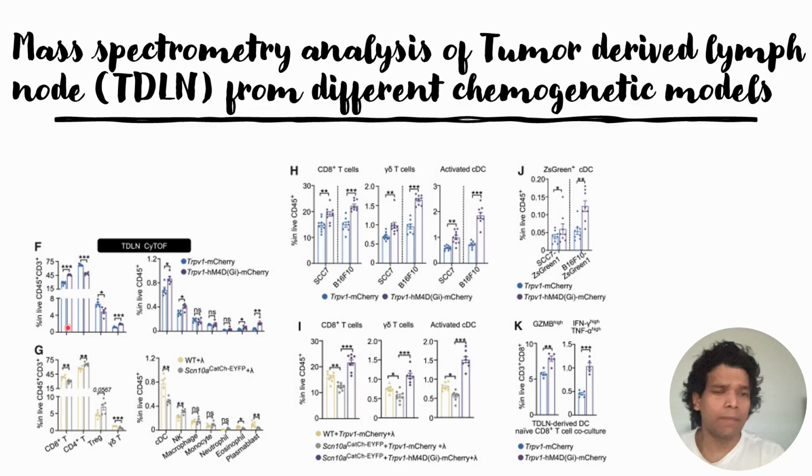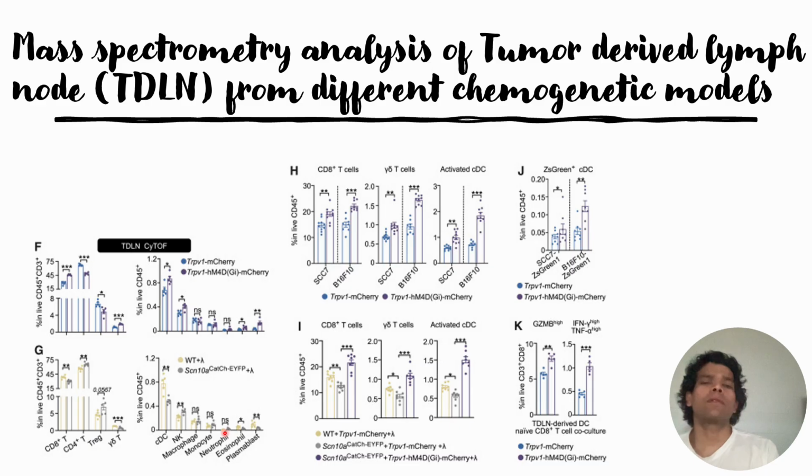It shows that in the presence of the HM4DGI model, there is an increase in the CD8 plus T cells, and also an increase in gamma delta T cells. At the same time, conventional dendritic cells are also increased. And this is for the model where HM4DGI is used, and this model causes tumor suppression.